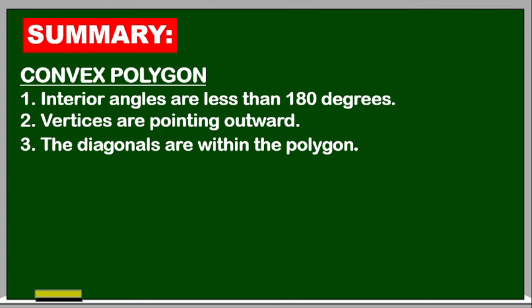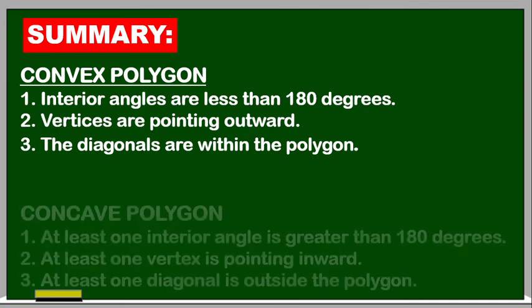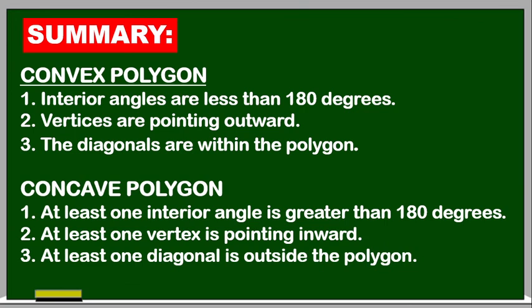Another, vertices are pointing outward. And the last one, the diagonals are within the polygon. For concave polygon, at least one interior angle is greater than 180 degrees. Second, at least one vertex is pointing inward. And for the last, at least one diagonal is outside the polygon. So that's the difference between convex polygon from a concave polygon.